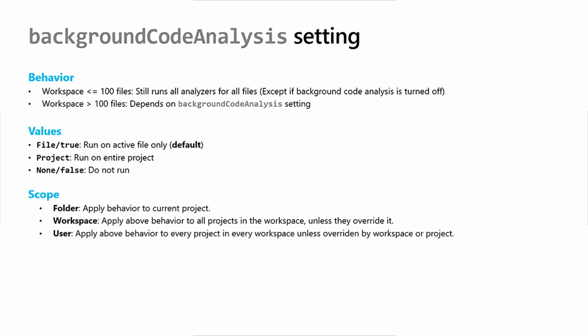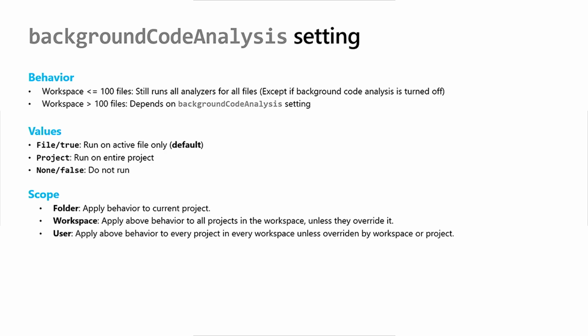This also depends on the scope where you set this setting. Of course, you can set it at folder level. In that case, it will only apply to the current project. You can also set it at the workspace level. In that case, it will apply to all the projects in the workspace.